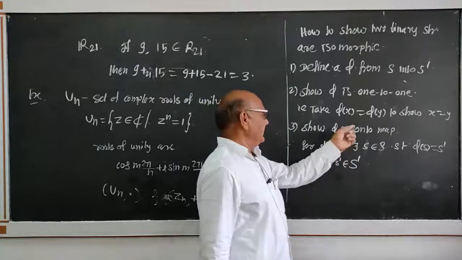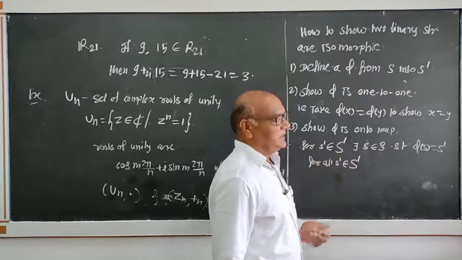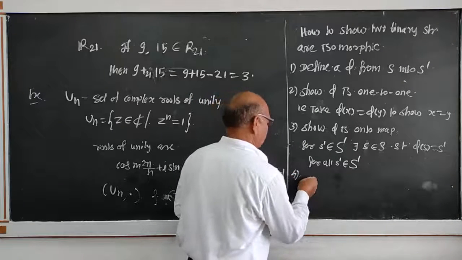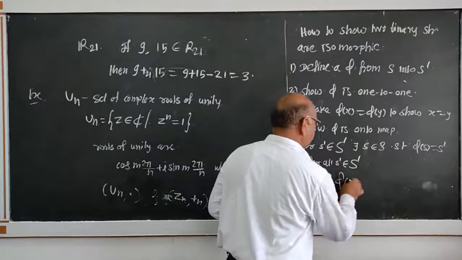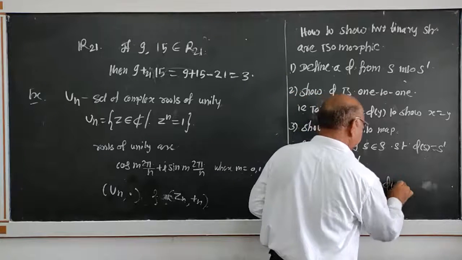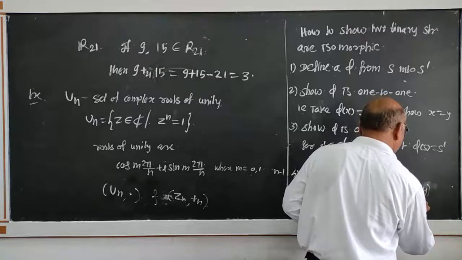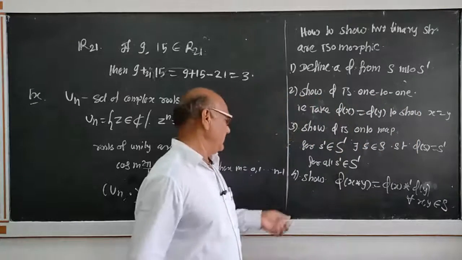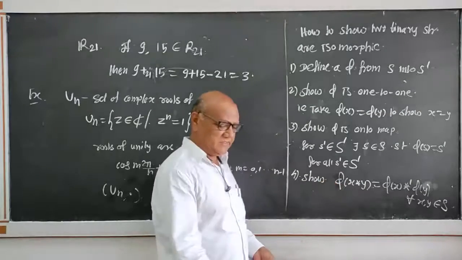That means every element in S' has a pre-image in S. And the fourth step: show phi of x star y is equal to phi of x star' phi of y for all x, y belongs to S. This condition is also called the homomorphic condition.